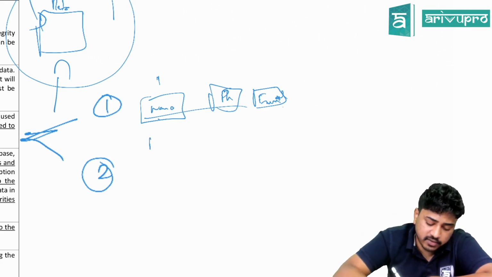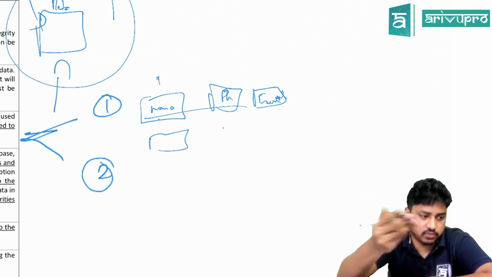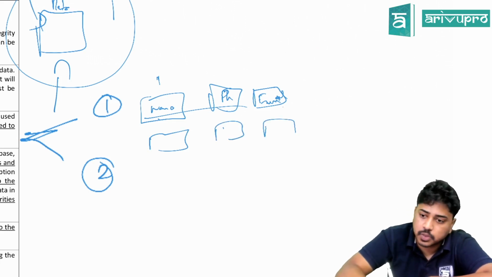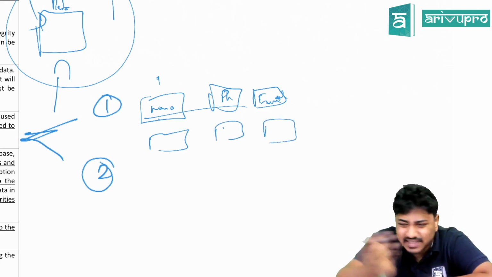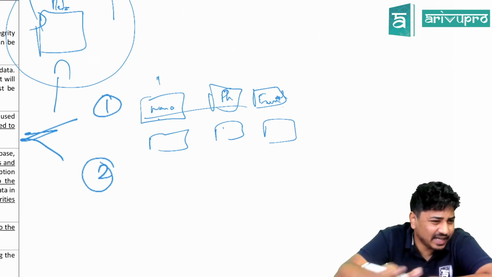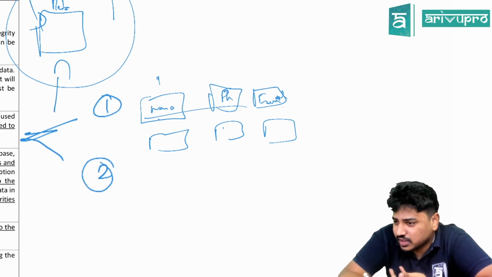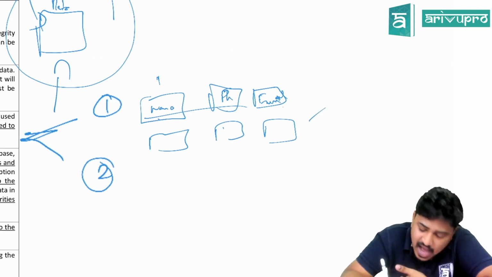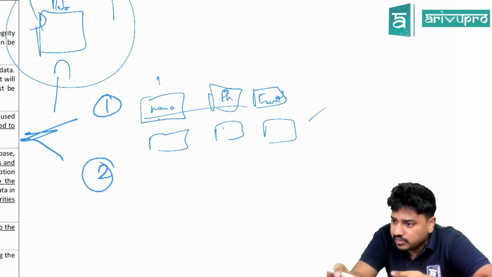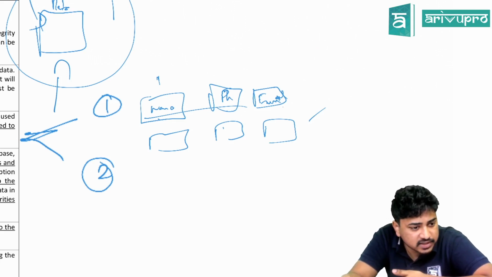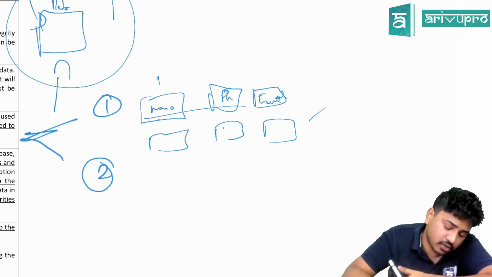What if I save it as name, and then in the second place I save email ID, then phone number? Is the consistency there? Is the integrity of the data maintained any more? No, something is wrong. You should have a control to make sure everything is correct. That is one way of looking at it.